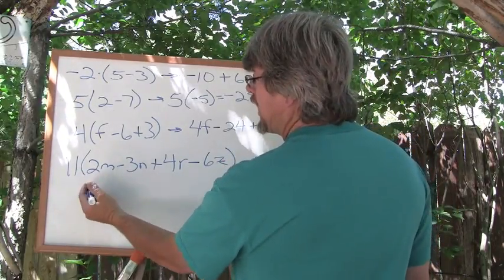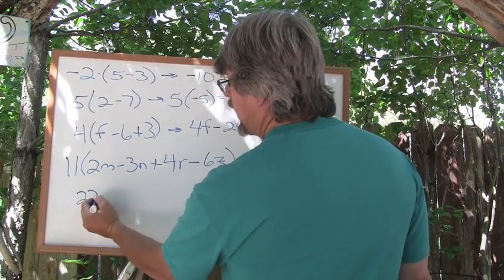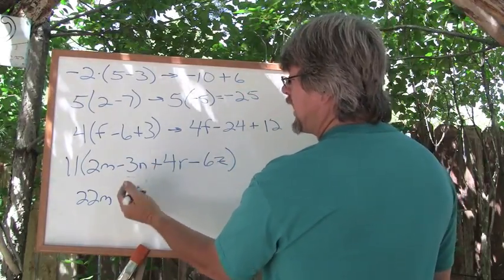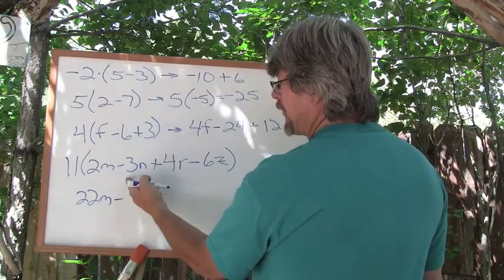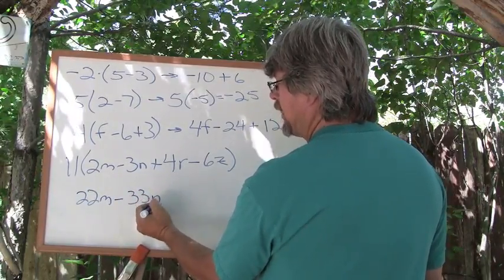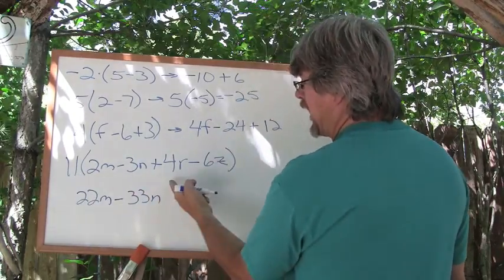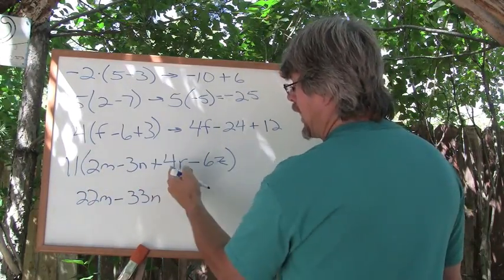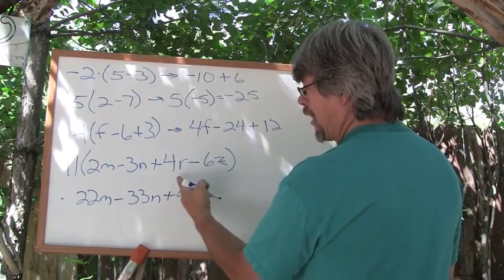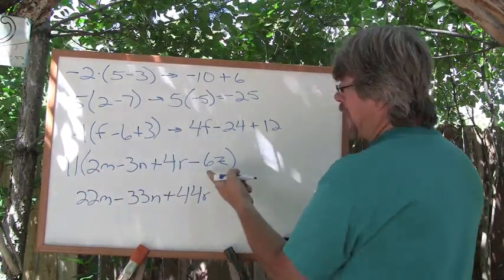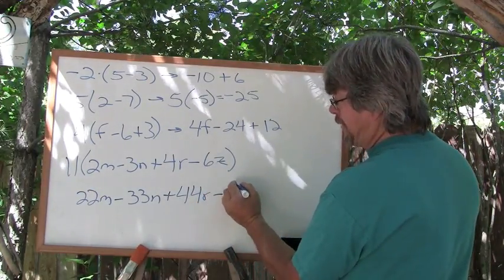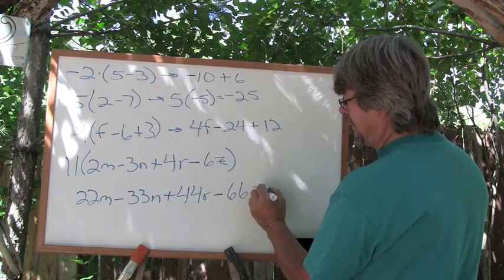So let's do this. 11 times 2m is 22m. 11 times negative 3n, 11 times negative 3 is negative 33n. 11 times positive 4r, 11 times 4 is 44r. And 11 times negative 6z, 11 times negative 6 is going to be negative 66z.